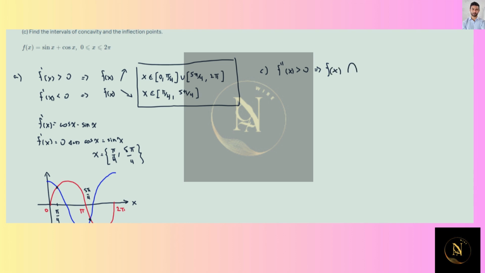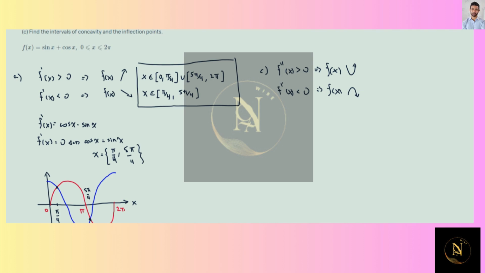Positive concavity looks like this. Excuse me, that's negative. Positive concavity looks like a smiley face. But if our second derivative is negative, then our function f has a negative concavity.